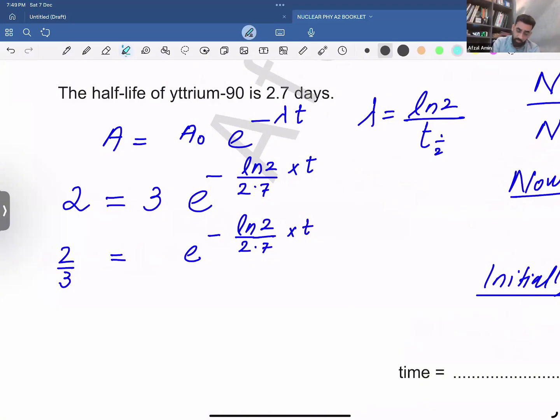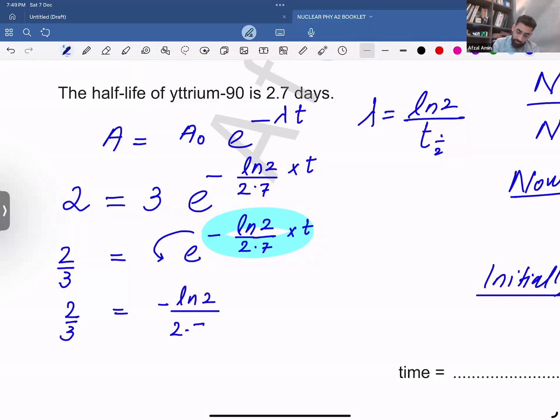Using the third law of logarithm, whatever is the power of the logarithm, you will bring it down. Yes? This power comes here. 2 by 3 equals negative ln 2 over 2.7 into t. I didn't do the log, we were first supposed to take log.